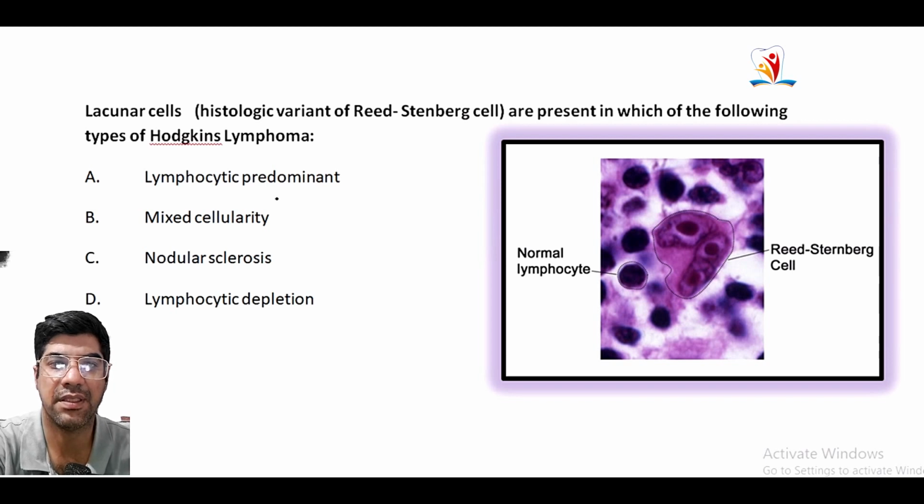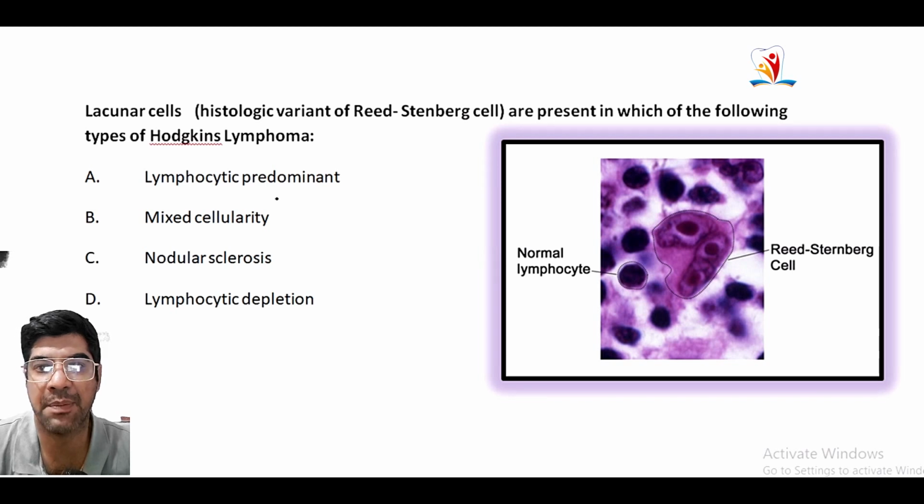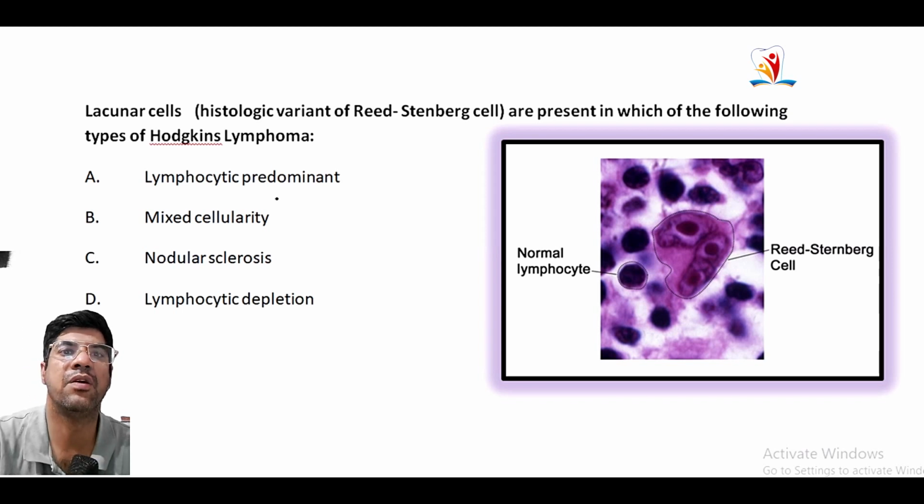Lacunar cells, a histological variant of Reed-Sternberg cells, are present in which of the following types of Hodgkin lymphoma? They are seen in the nodular sclerosis type.